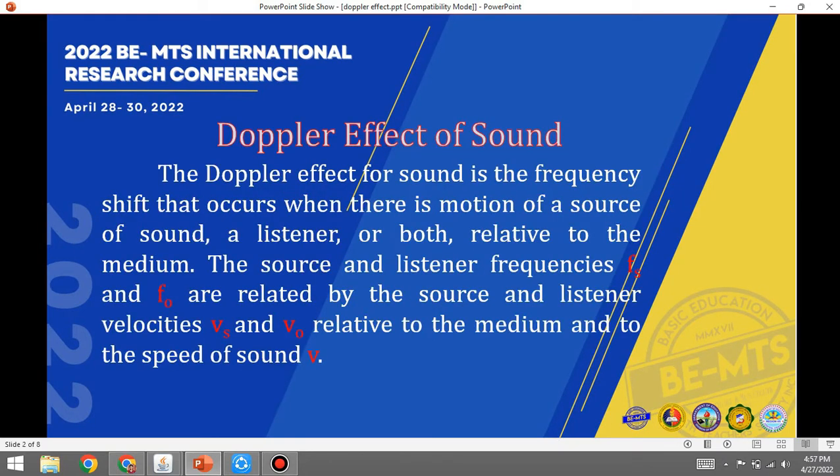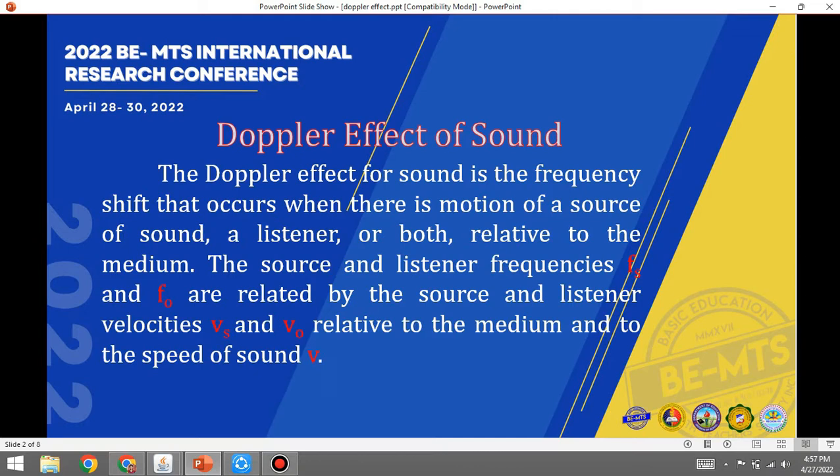The Doppler effect of sound is the frequency shift or change of frequency when there is relative motion of the source of sound and the listener, or both, relative to the medium of sound.